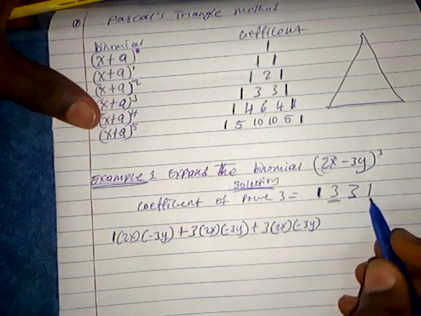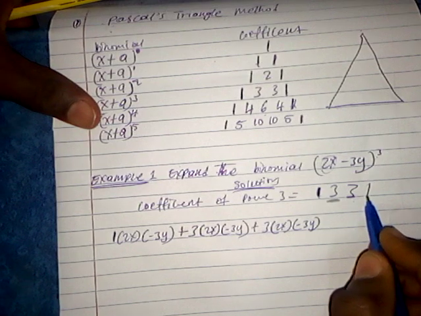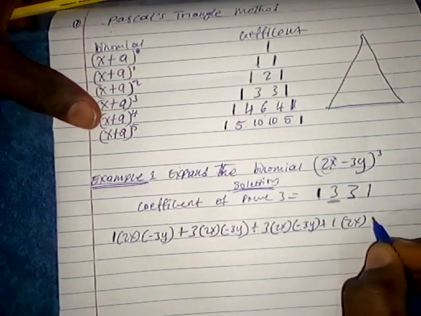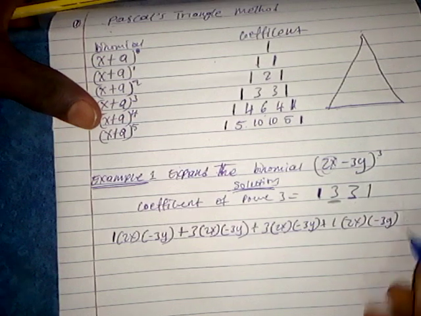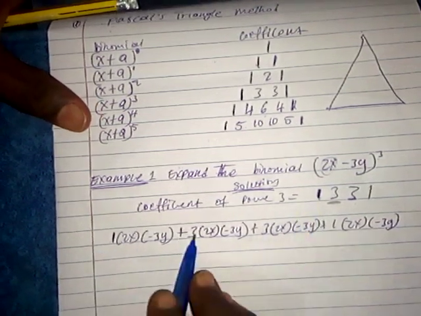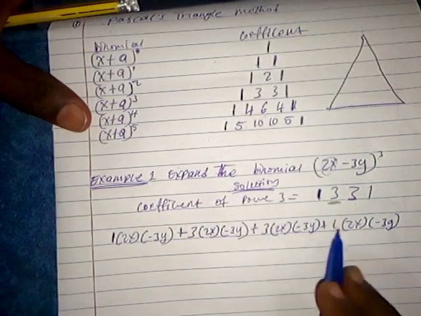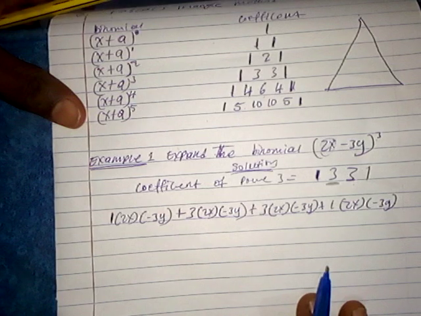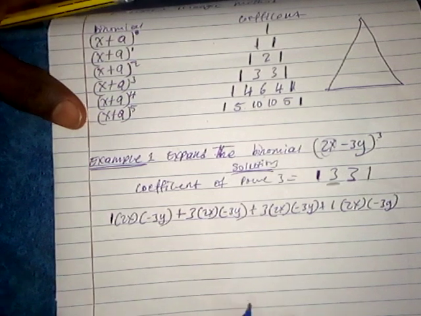You see? We come again for the last coefficient, which is 1. Plus 1, multiply it to the first term and to the second term. You see it? Very clear. So this is this first coefficient, this is this, this is this, and this is this. Good. If you don't understand, you play the video again and just follow after me as I solve, right?